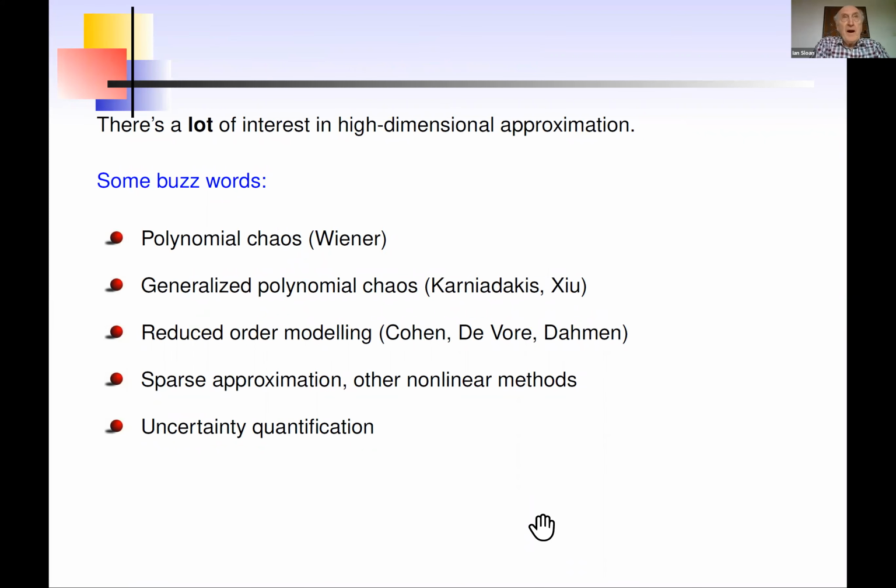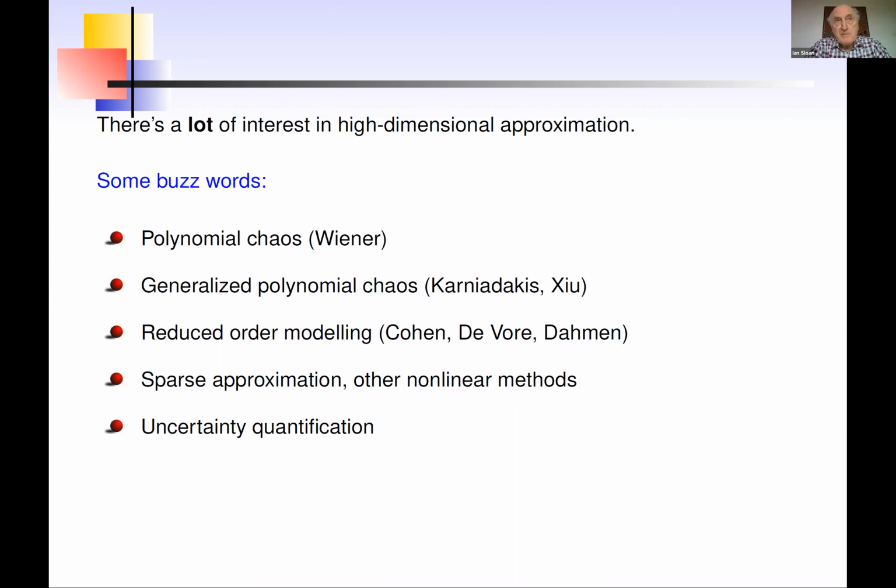Well, I should just begin by saying that there is a tremendous amount of interest these days in high-dimensional approximation, and I've included just some buzzwords without telling you what they mean. But polynomial chaos was invented by Norbert Wiener, generalized by Xiu and Karniadakis and others, generalized polynomial chaos. Reduced order modeling is a big thing in Europe, perhaps, especially Albert Cohen, Ronald DeVore, Wolfgang Dahmen, and others.